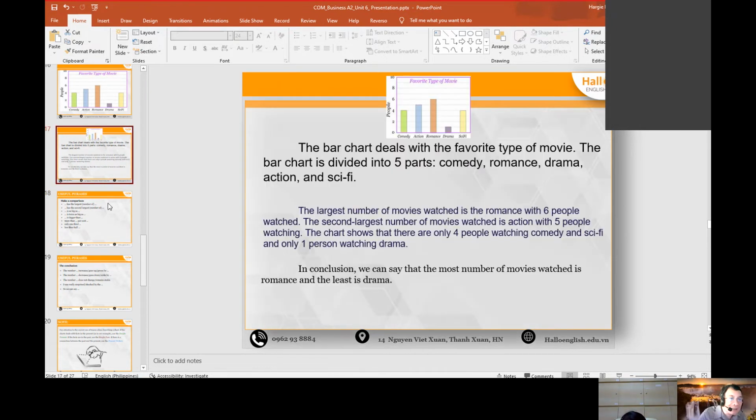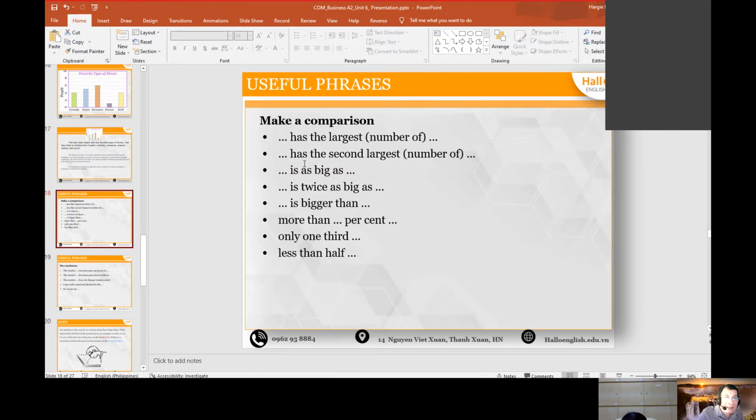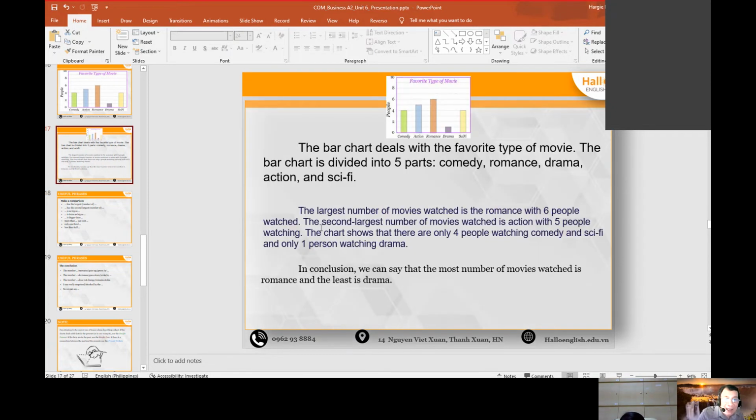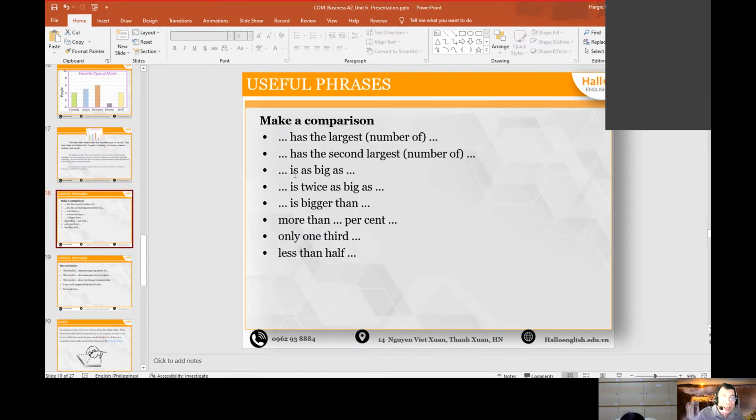Look at this one: has the largest number of, comparing to others. Then we can also say, has the second largest number of. Look at this one now.